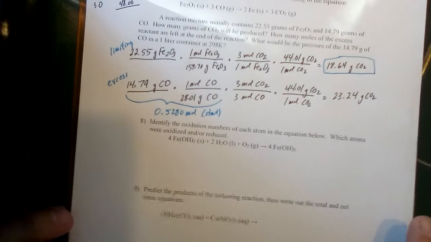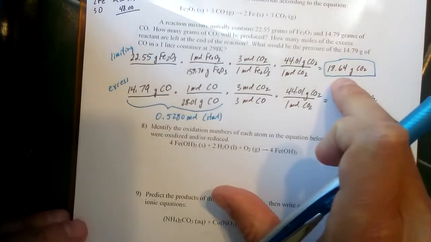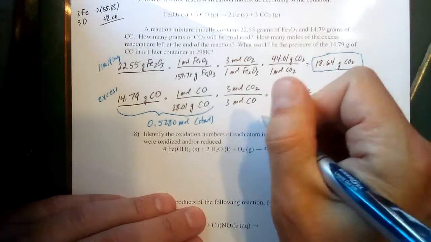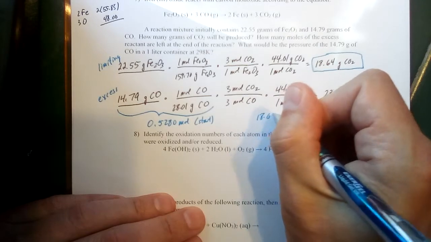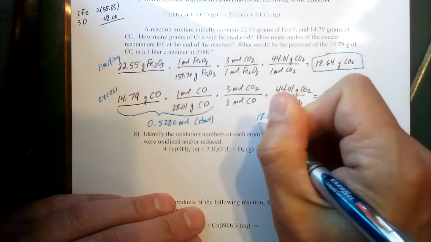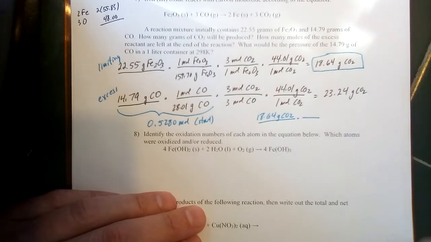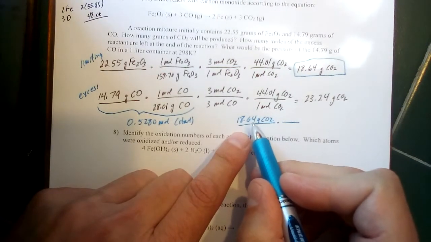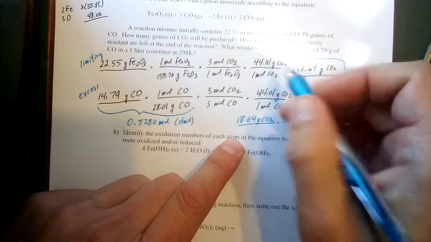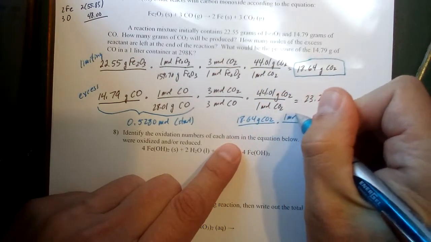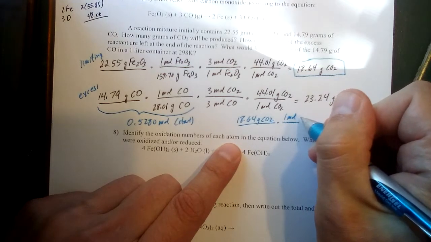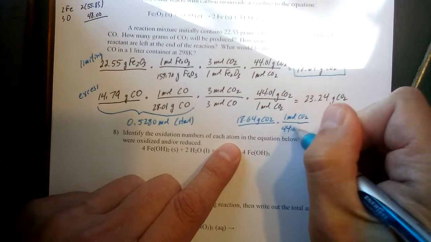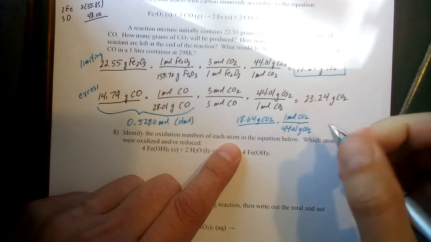Now, how much CO we actually used will be related to the limiting reactant up here. So if I take that 18.64 grams of CO2, that will relate to how much CO was used in the reaction, because it'll be the amount of CO that was used up to make that. So some of those factors are already in here. I can just put them in, drawing them from above. So I want moles of CO2 on top, divide by 44.01 grams on the bottom.